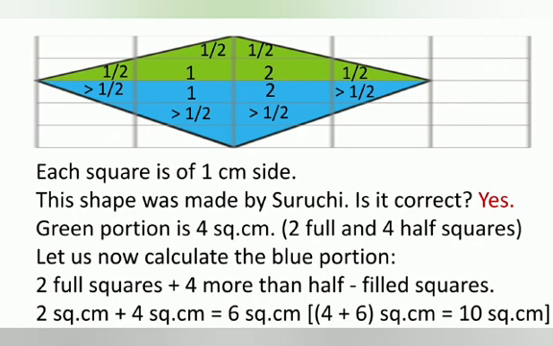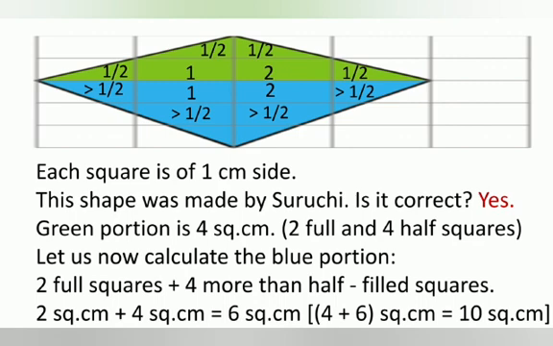So the area of these 4 more than half filled squares will be 4 square centimeter. So the area of this blue portion will be 2 full squares plus 4 more than half filled squares, that is 2 square centimeter plus 4 square centimeter, which is equal to 6 square centimeter.